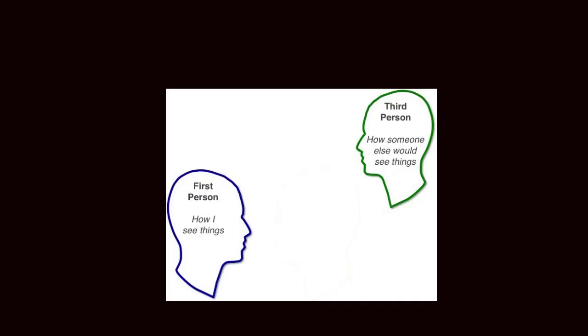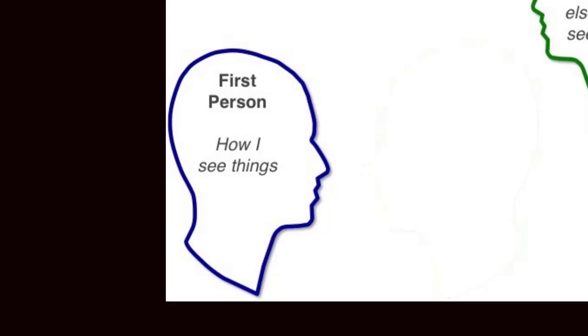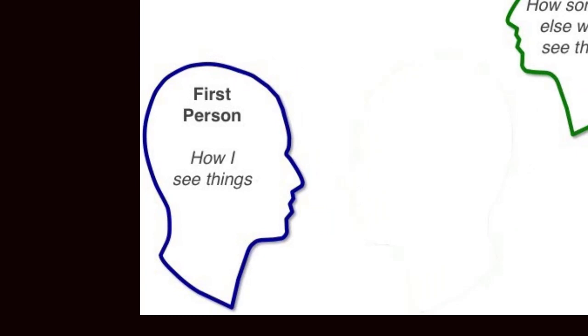So for this thought experiment, I'd like you to alternate between two perspectives. The perspective of the subject, who is asked to count the dots. From this first-person perspective of the subject, you'll experience the illusion directly. And so you'll experience what it feels like to be taken in by the illusion.